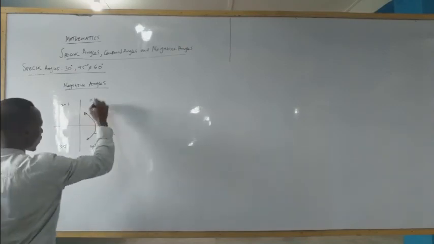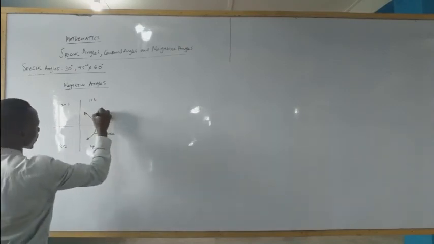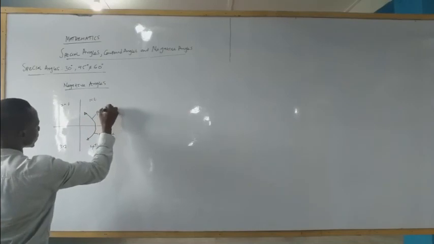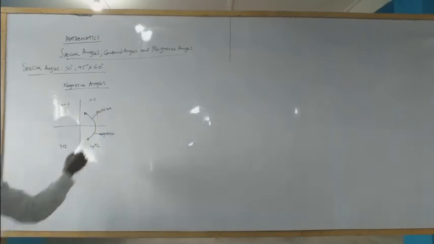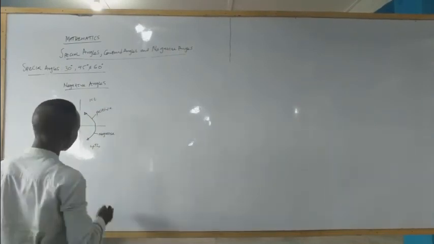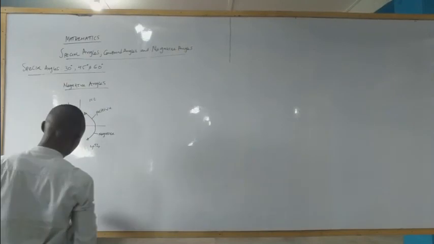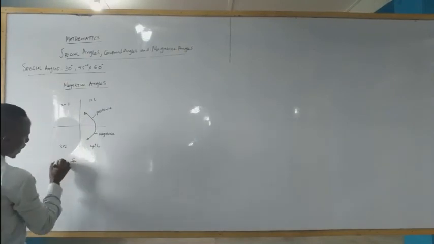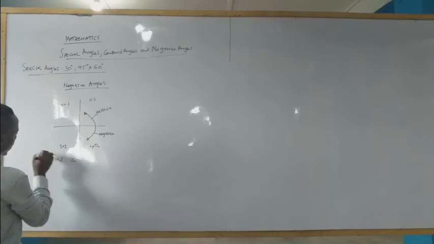This one is positive. So whenever we are given a negative angle, we just remove it from 360. Why? Let's give an example.